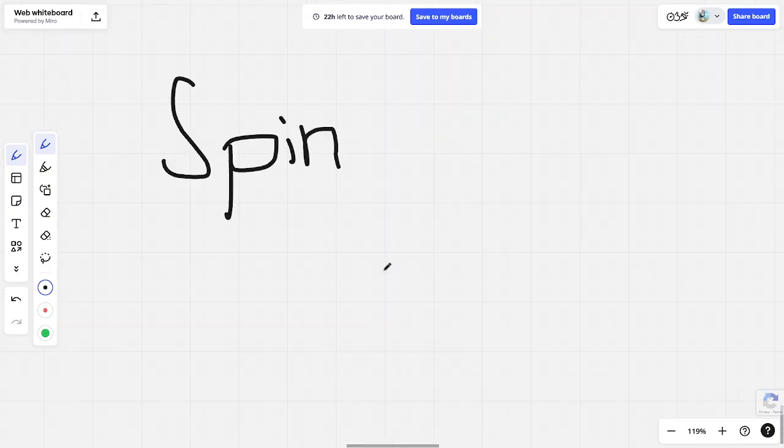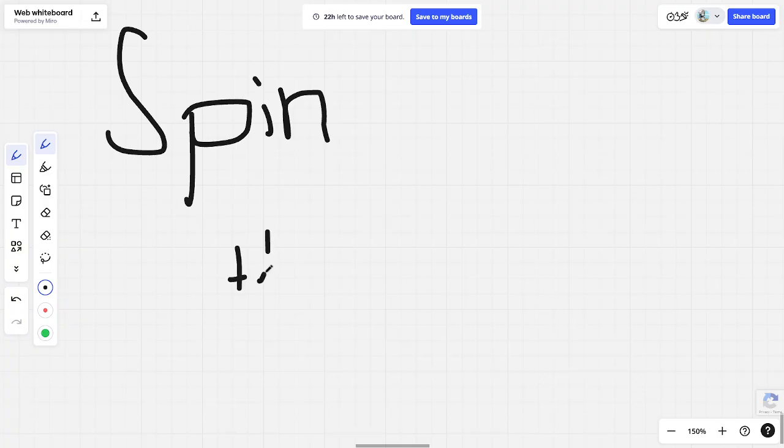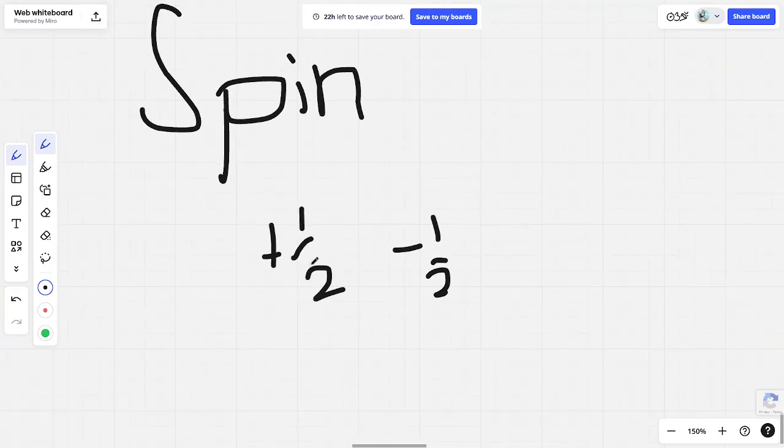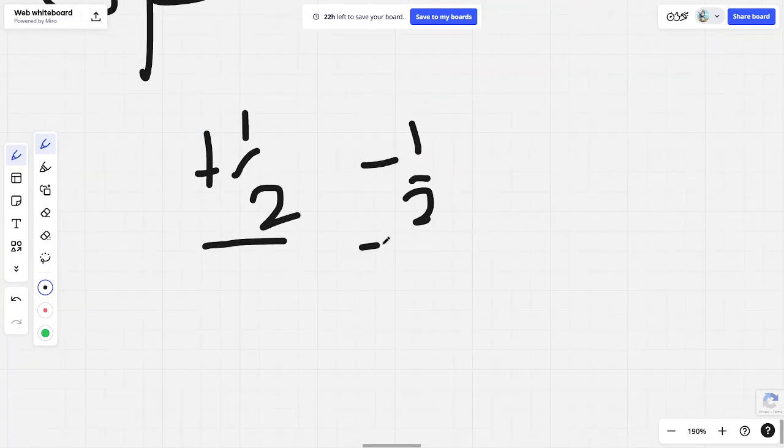For the spin, it's either positive 1/2 or negative 1/2. You just need to base it off the orbital diagram. When the arrow is up, it's positive. When it's down, it's negative.